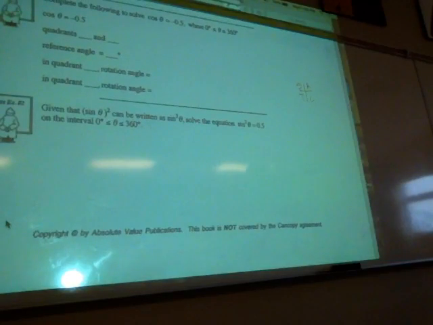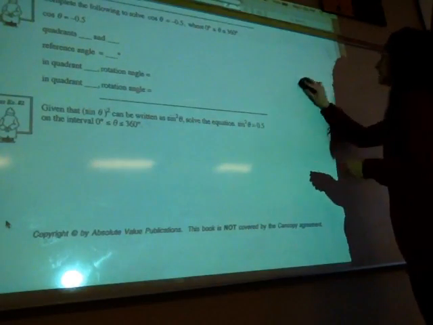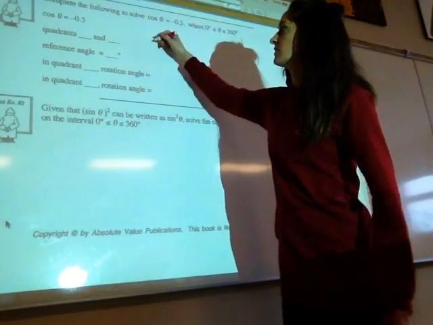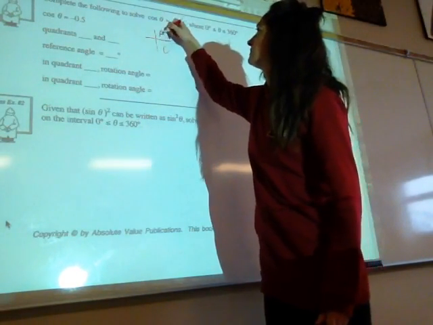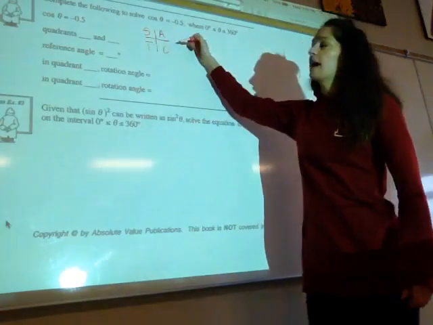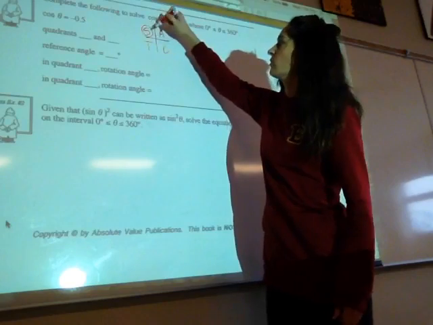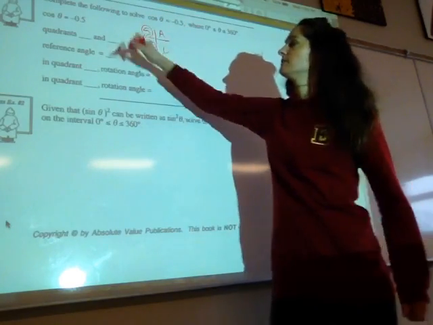So in our first example, we have cosine theta equals negative 0.5. To figure out what quadrants we're in, we're going to draw the CAST rule. Cosine's positive in quadrant 4 and quadrant 1, and negative in quadrant 2 and quadrant 3.